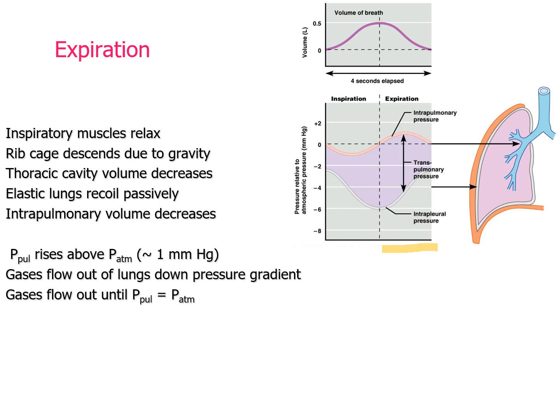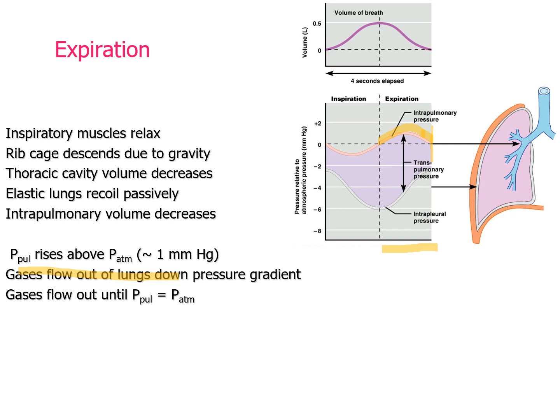The intrapulmonary volume drops and therefore the pressure rises. As the intrapulmonary pressure rises above atmospheric, you'll get flow of air out of the lungs to the atmosphere. So gas flows out, and it keeps doing that until pressure goes back to being equal, with no difference between that and atmospheric.